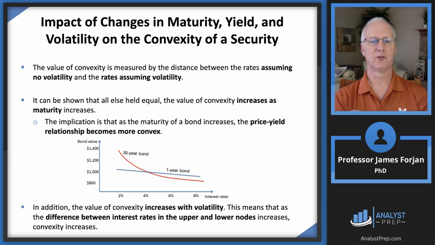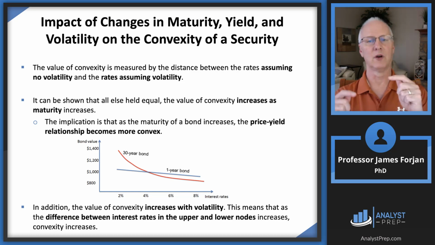So look at the first circle point I have there. The implication is that as the maturity of the bond increases from 1 to 5 to 10 to 30, the price-yield relationship becomes more convex. And the cool thing about what we've done so far today is that that value of convexity increases with volatility. And so how do we measure volatility in our simple examples here so far?